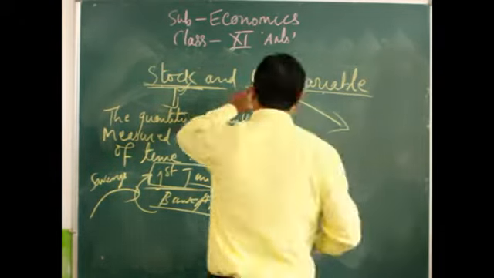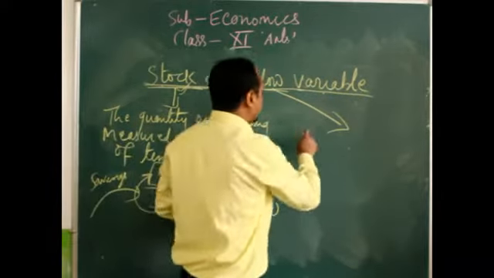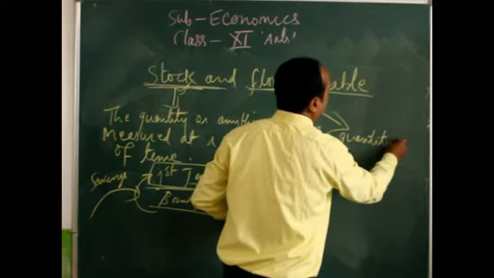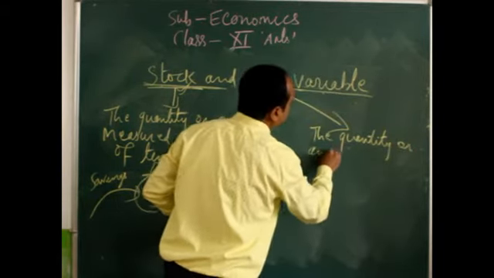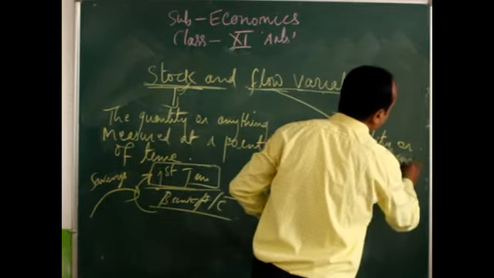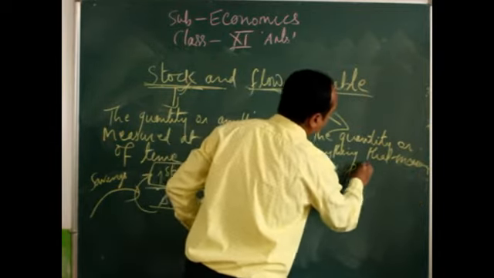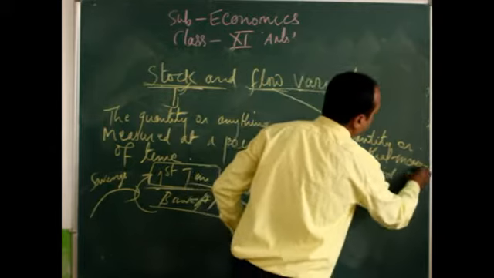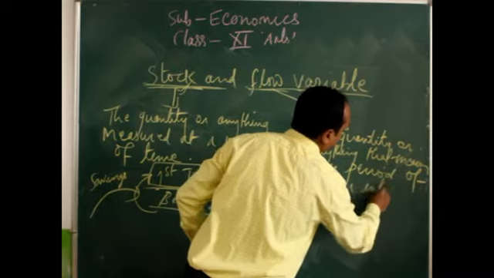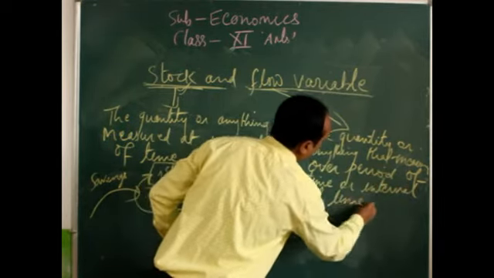So first, please understand this concept, then I will explain both concepts together. So this is the quantity, or anything, that is measured over a period of time or interval of time.